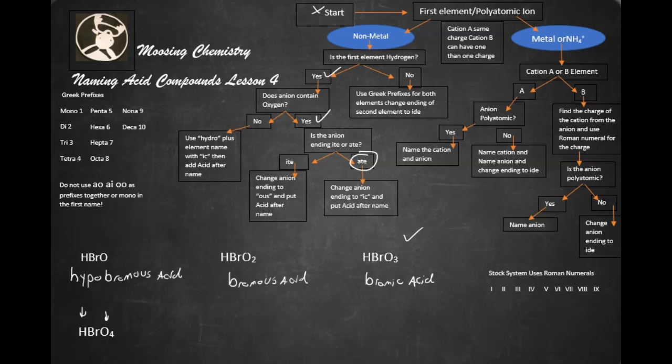So there's another prefix that goes with this. We call it per, perbromic acid. So when it has a 4 there, use the term per. If you have the 3 there, you don't use anything, okay? It's pretty simple.